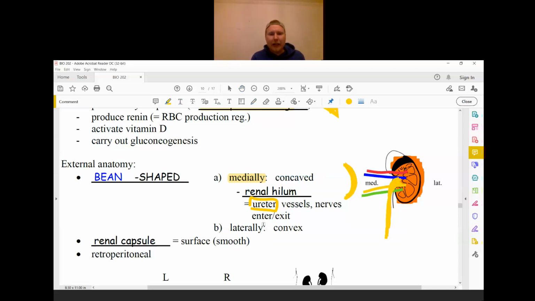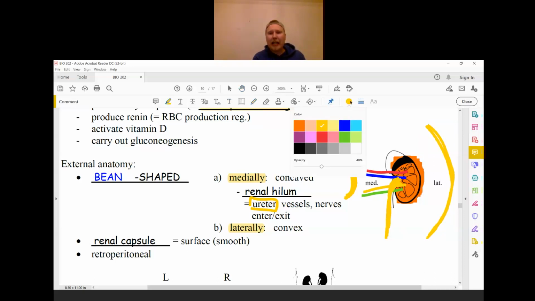The lateral side of the kidney, if we think of the external anatomy, we'll notice is convex, so a larger curvature there. We'll also notice that the surface of the kidneys typically appears smooth and shiny, and that's because it is enclosed inside a capsule known as the renal capsule.